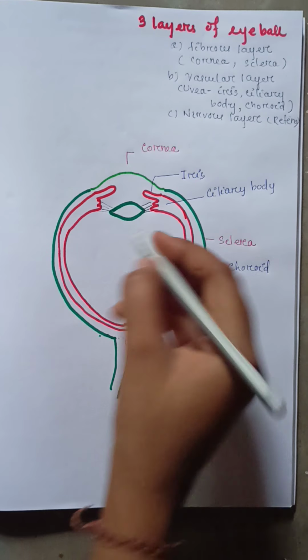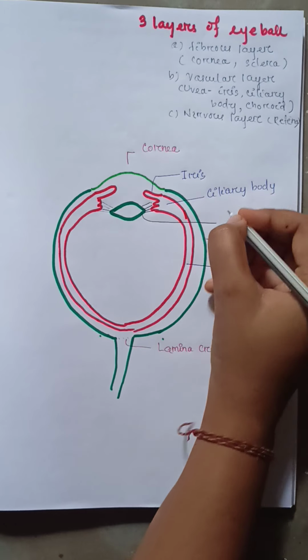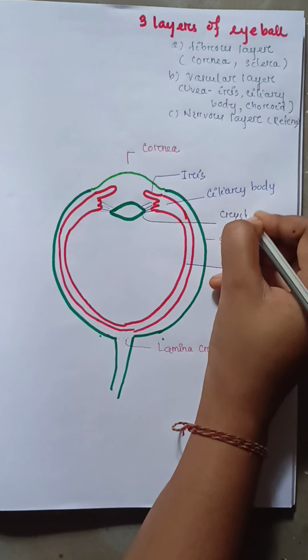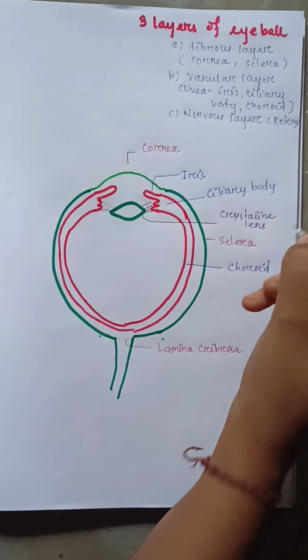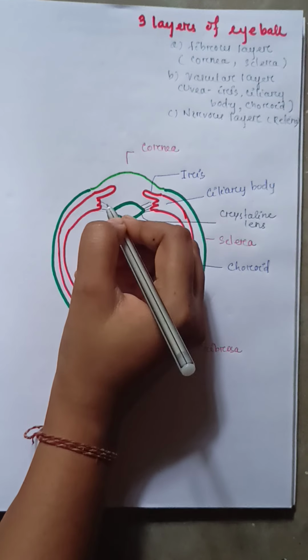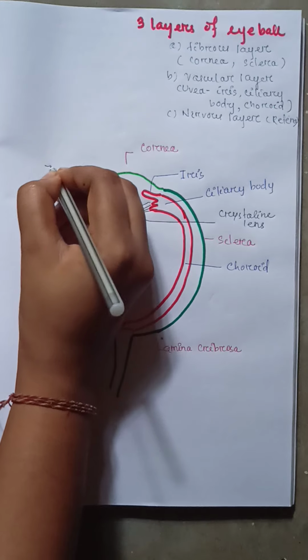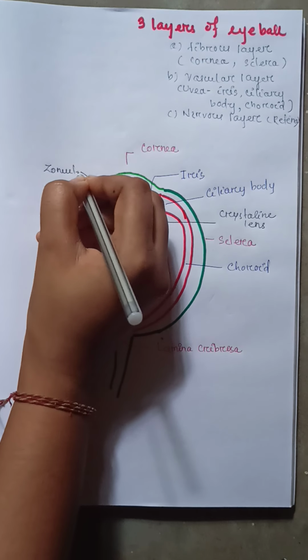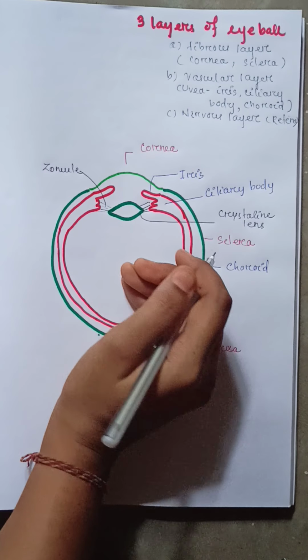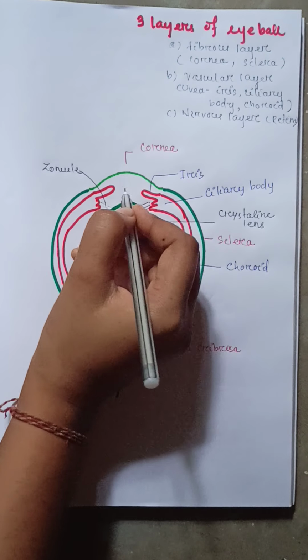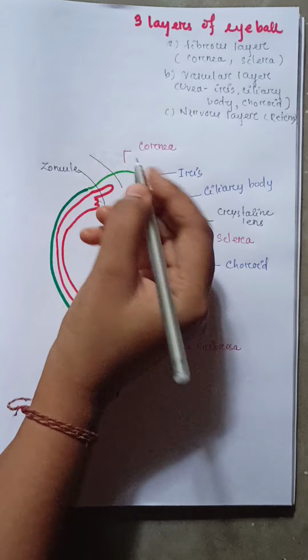So this is the crystalline lens. This is the zonule. The space in the iris, the hole-like structure, is the pupil.